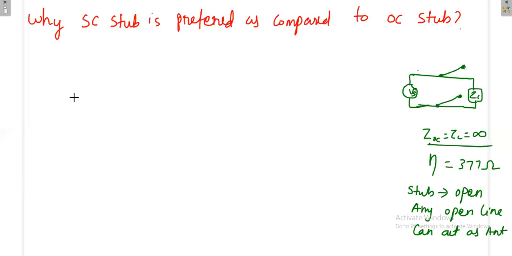Generally, the short circuit stub is always preferred. These are the two reasons. The first one: the open circuit stub is not preferred because an ideal open circuit is impractical to realize.